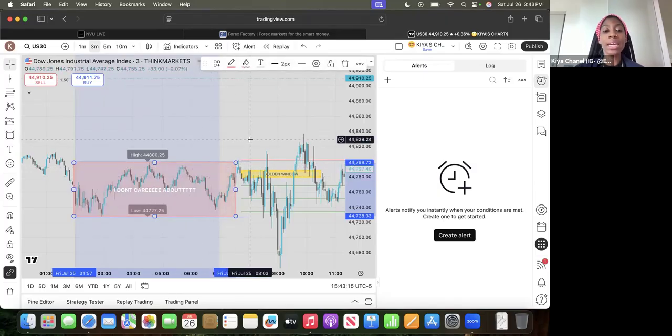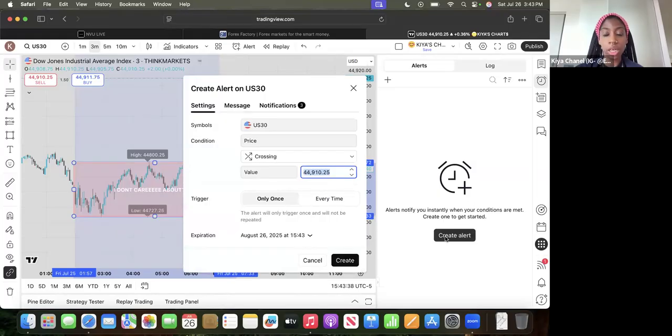So the way that you know when to tap in to the chart is when either the high is swept or the low is swept. And the way that you're going to know that is you're going to go to your TradingView alerts and you're going to go to create alert. Once you hit create alert, it's going to look like this.